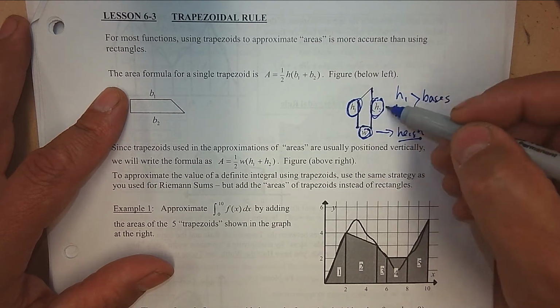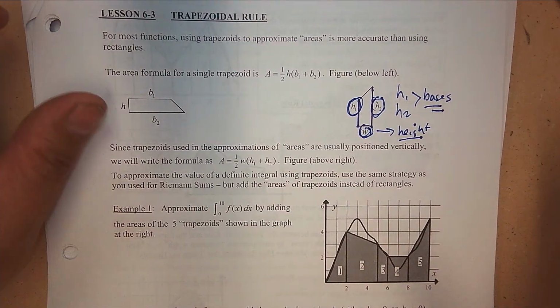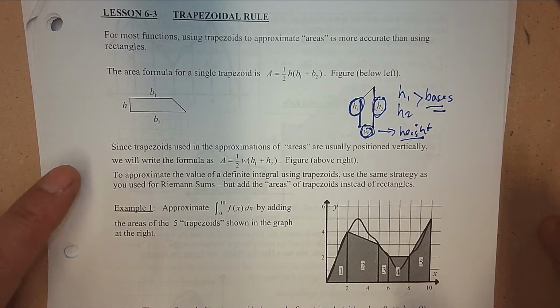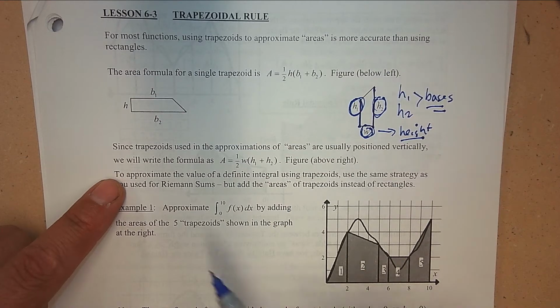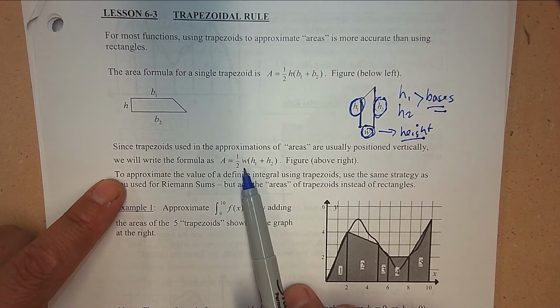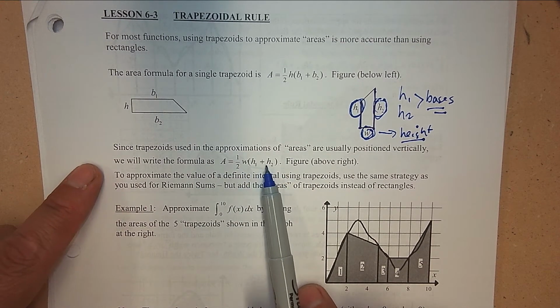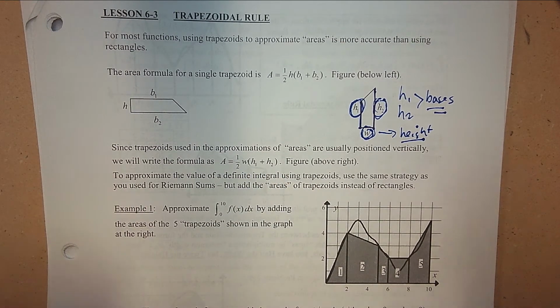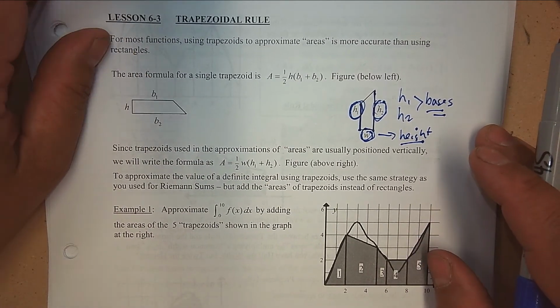These heights are actually the bases of the trapezoid because we've reorientated them. Since trapezoids used in the approximation of areas are usually positioned vertically, we will write this formula. So instead of the height, it's the width, and then the bases become the two heights to reorientate how we see them. That will take a little bit of time, but once you're used to it, you're going to be comfortable with it.